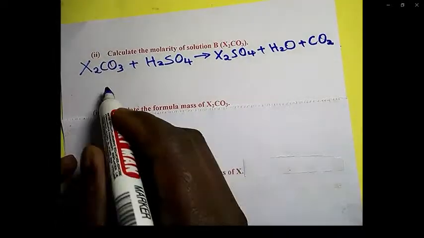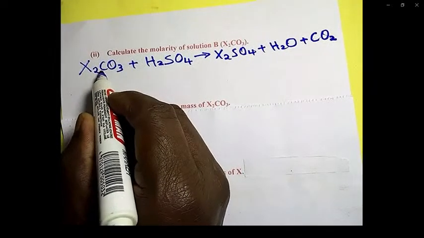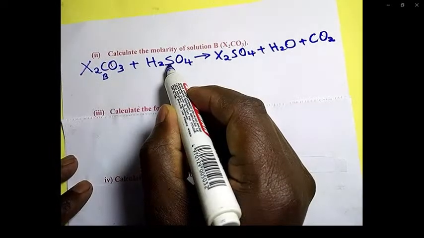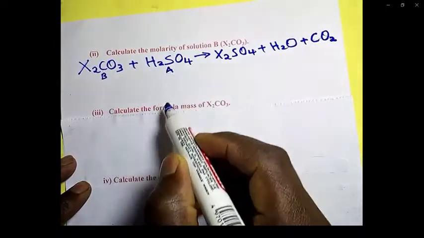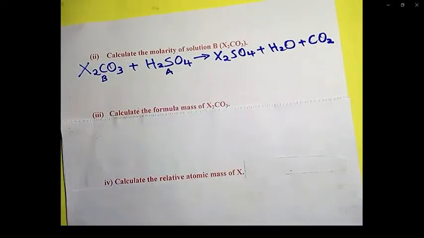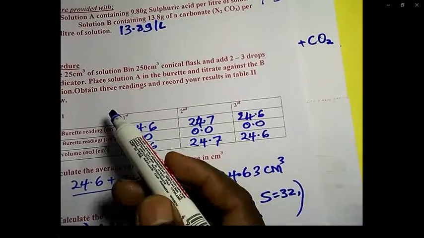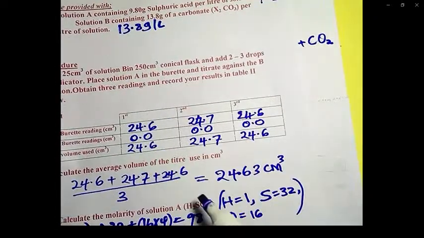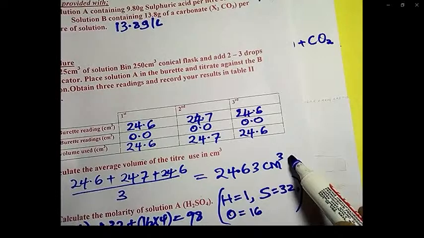So remember, this one is solution B and this one is solution A. So we can say that the volume here, what was in the burette, is solution A. So this volume is the volume of solution A.